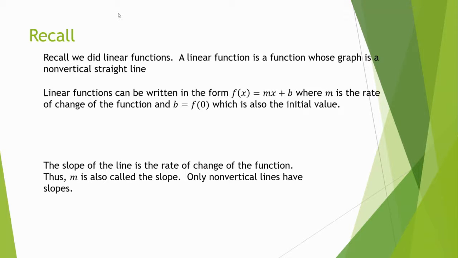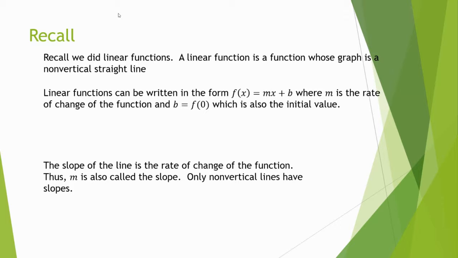Okay, so last time in chapter 3, we looked at linear functions. And if you remember, a linear function is just a function whose graph is a non-vertical straight line.